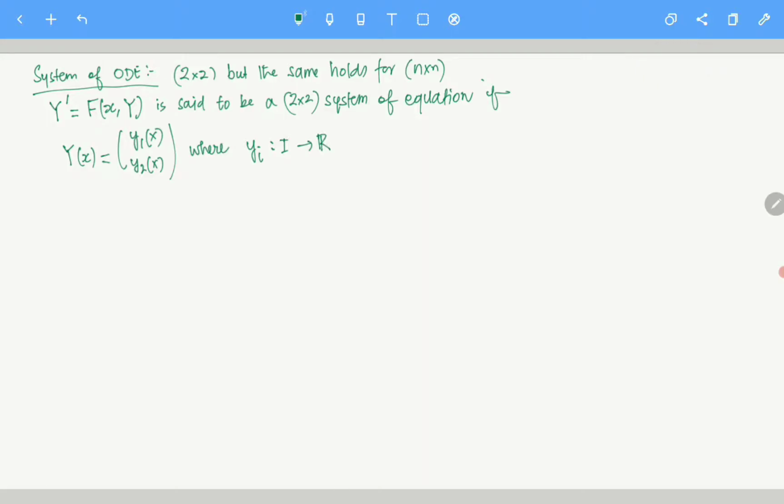Clear? So see, for each x, what is happening here is you get a vector valued function, in the sense that for every x you get a vector, right? It's a 1 cross 2 vector.